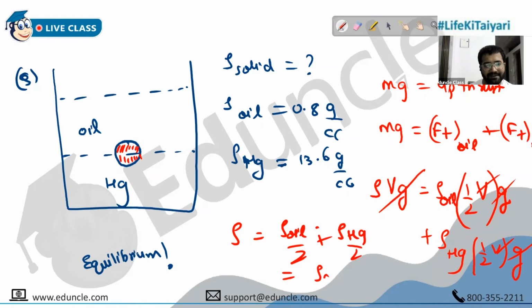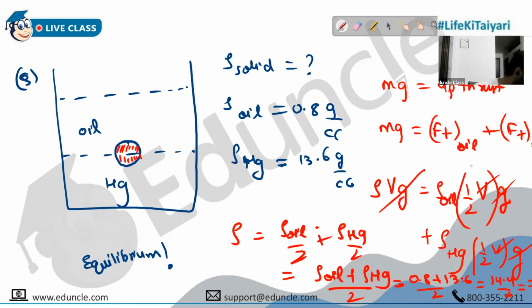So this is basically the arithmetic mean, people. Density of oil plus density of mercury by 2, that equals 0.8 plus 13.6 by 2, which is 14.4 by 2, and that is 7.2. Let me check the answer. Absolutely correct. So a small question, but an interesting one. I thought I would take this too in the class.